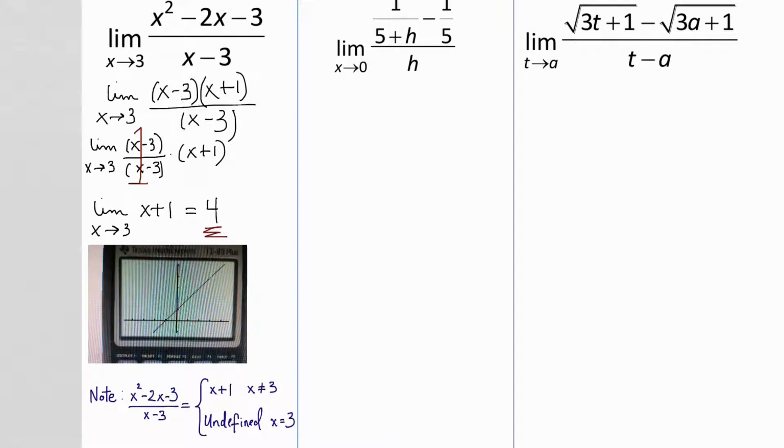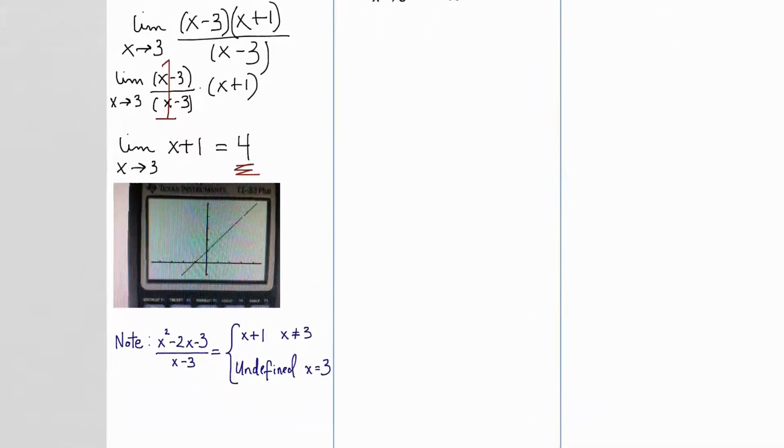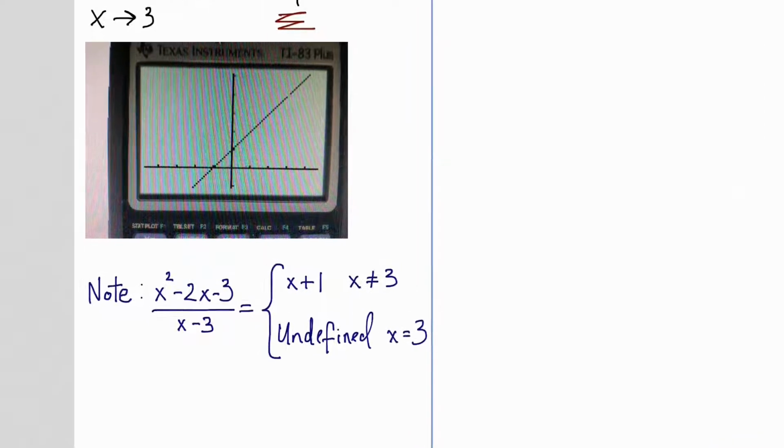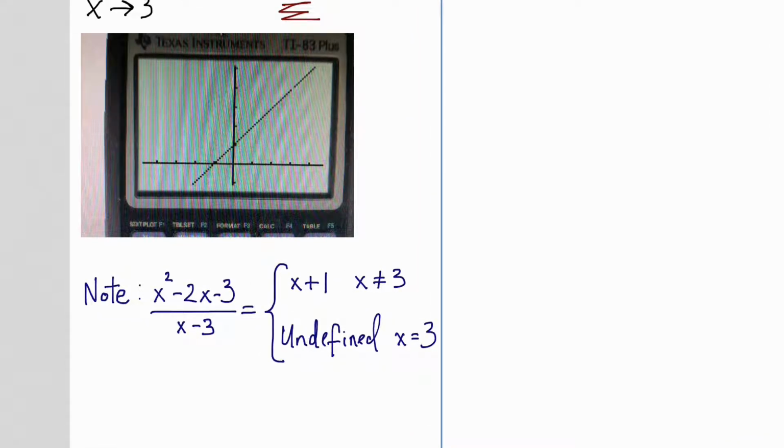what this function looks like when we look at the graph, because, let me make this a little bit bigger. When we look at the graph, I have this window, I changed it a wee bit. When you graph the function, if you do zoom decimal, which is zoom 4, the window is not perfect because the y-axis doesn't actually include this point.